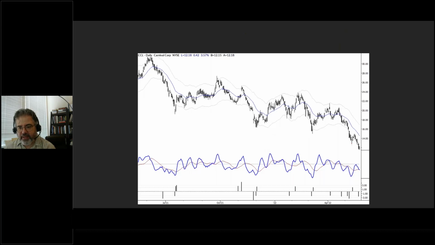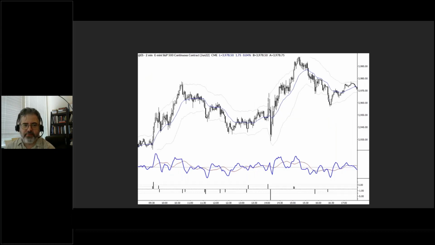Here is another bear flag. This is one that has already worked out, but in real time we were able to see these bearish patterns lining up, and we had 2 cruise stocks. Norwegian also showed a very similar pattern, and this was a relatively easy trade. So these are trades you can do yourself. I'm not going to go through this.